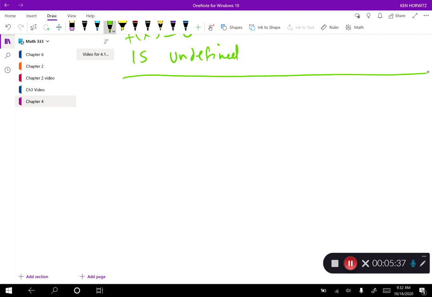Our first example says, let x denote the width in millimeters of metal pipes from an automated production line.